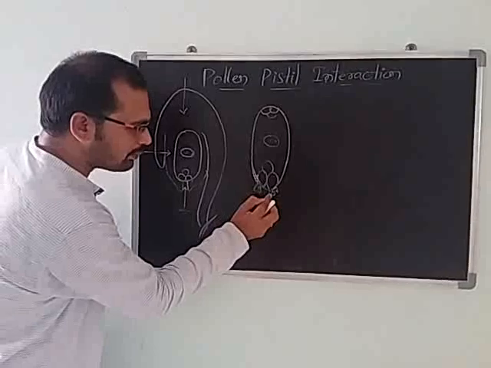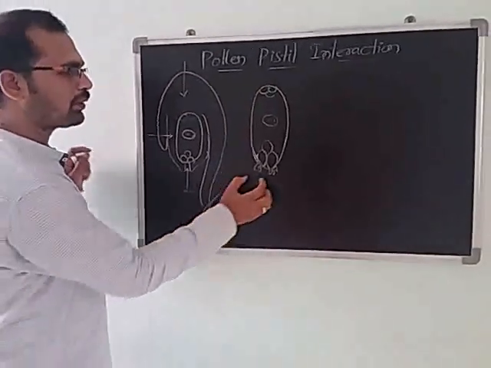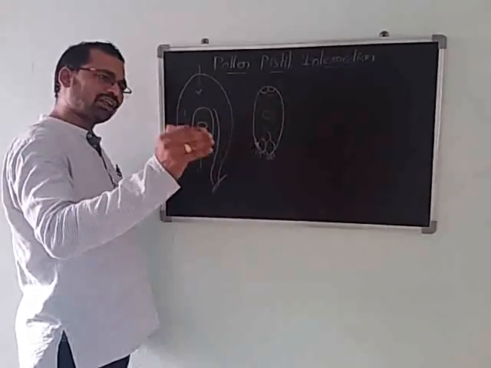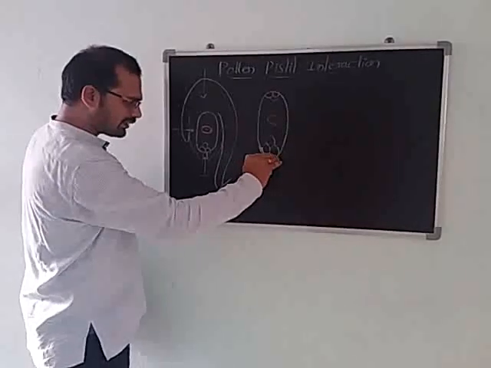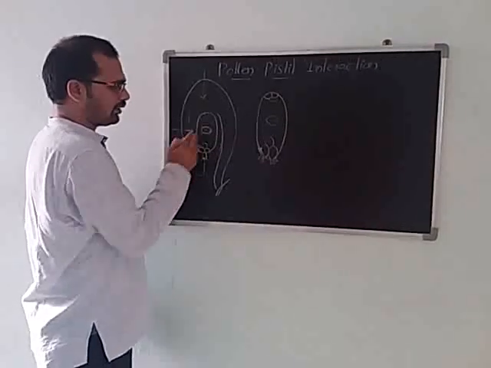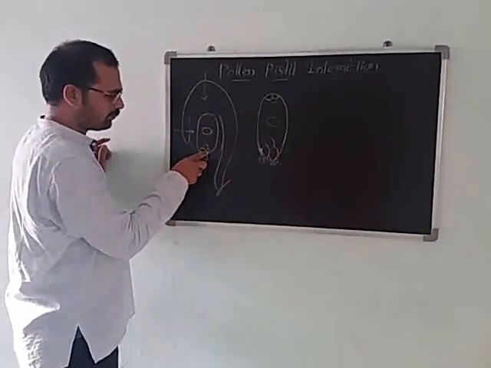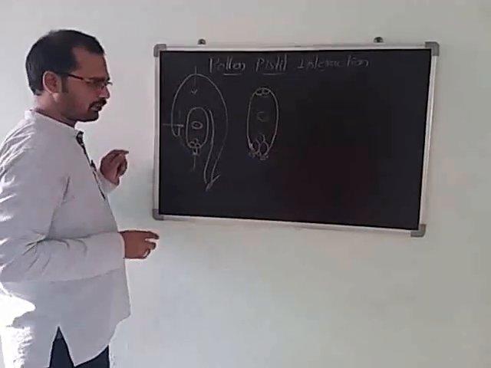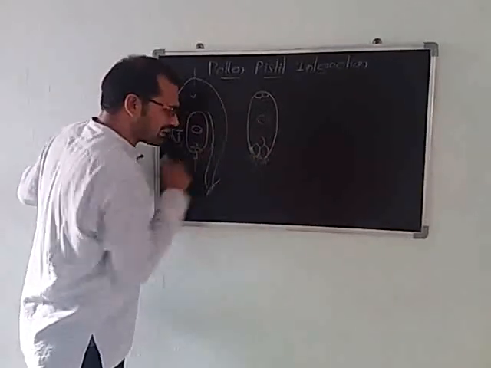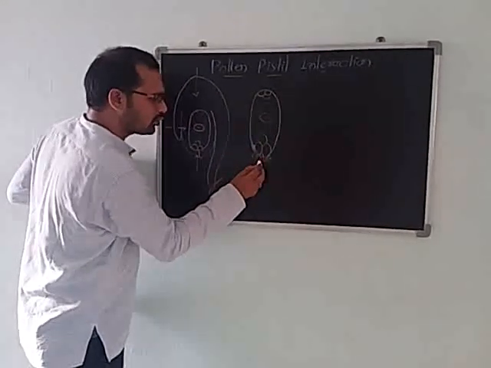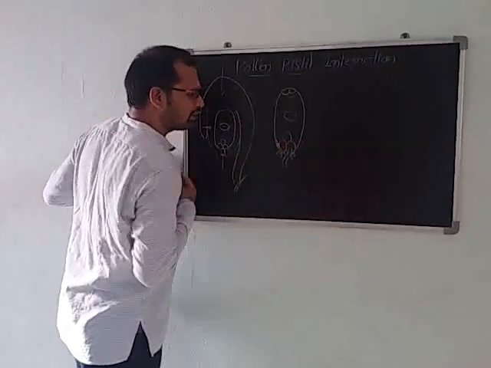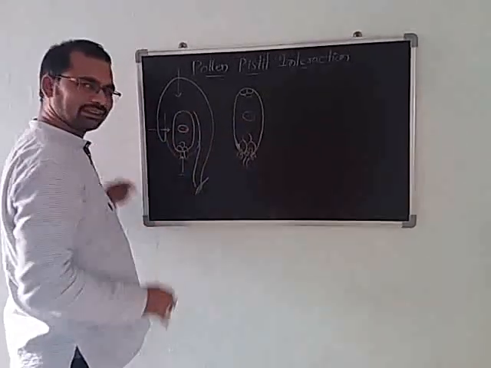What is its role? It gives proper guidance to the pollen tube, guiding it through the micropylar region into the embryo sac. That is why the filiform apparatus is responsible. The pollen tube enters the embryo sac via one of the two synergids. What happens with the synergids we will discuss later.